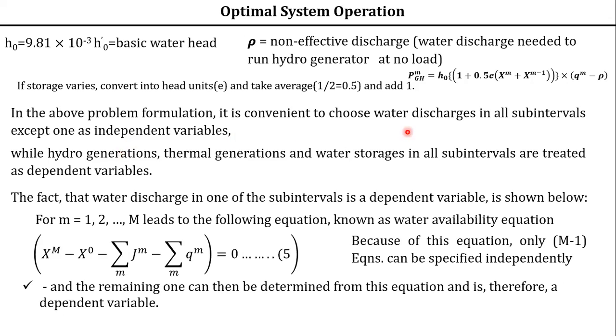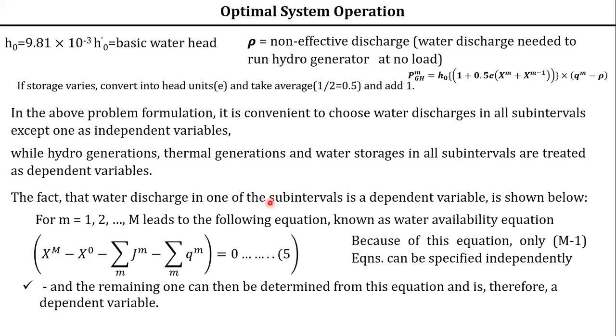That means in this water discharge equation, all are independent variables, one will be a dependent variable. If there are m subintervals, then m minus 1 will be your independent variables, and one variable can be determined from the equation, which is known as the dependent variable.